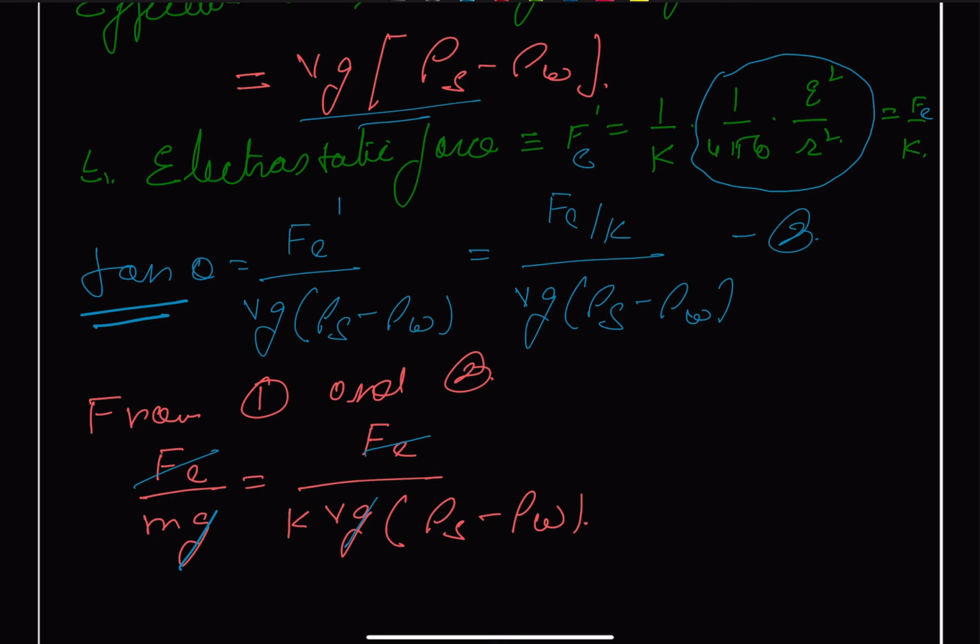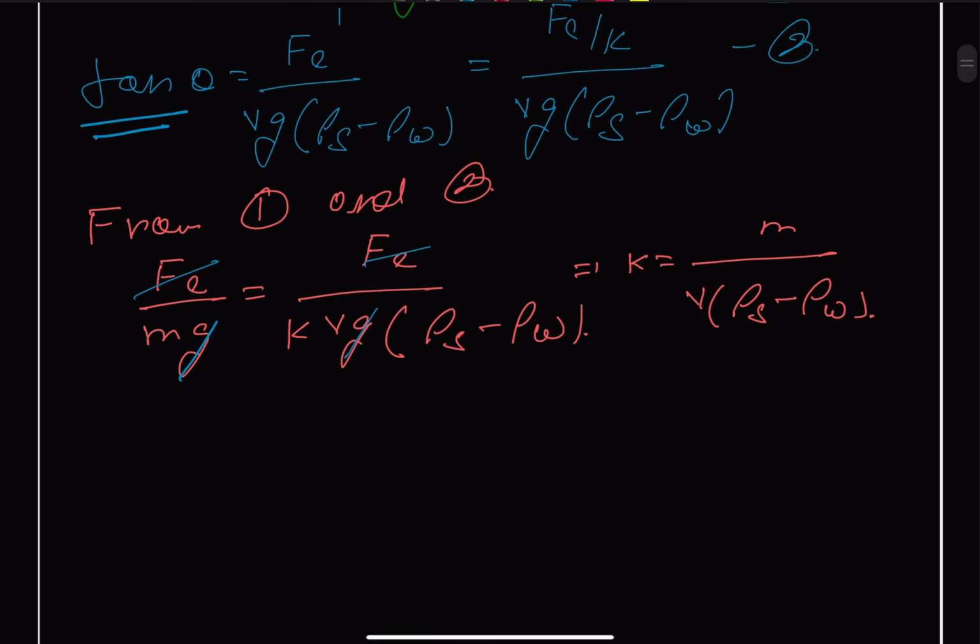So from here we can say that our K, which we are supposed to find out, will be equal to m upon V (density of the solid minus density of the water, that is liquid). And mass we can also write once again in terms of volume.